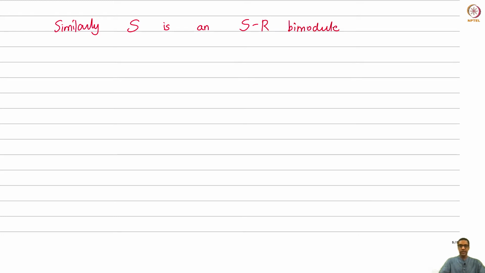Here I am restricting the action on the right via how R acts on the right, and S acts on the left as before. Okay, so what I've written here on the right sides are just the multiplications in S. Okay, good, and also as an RR bimodule if you wish.